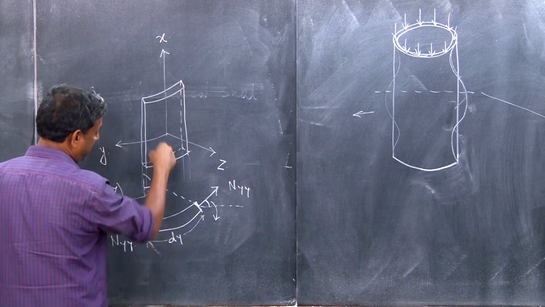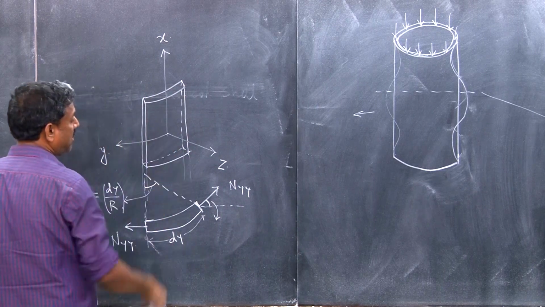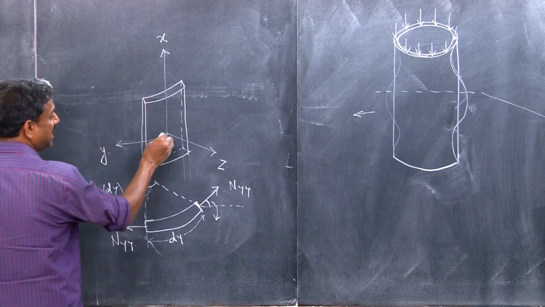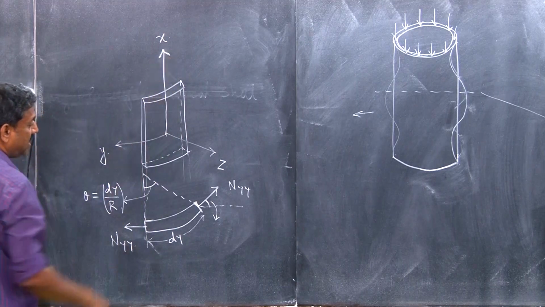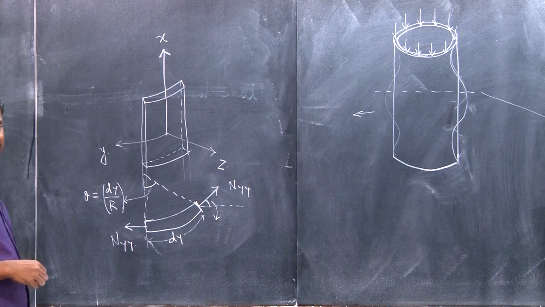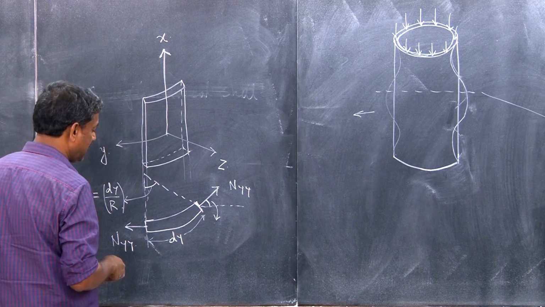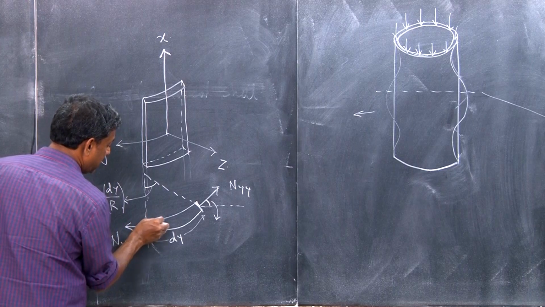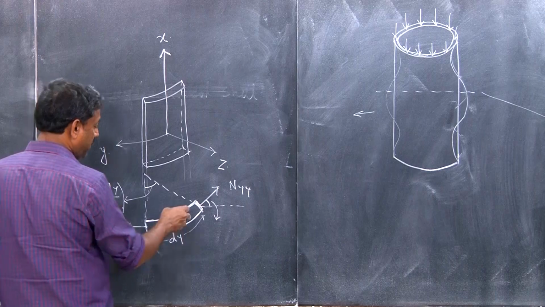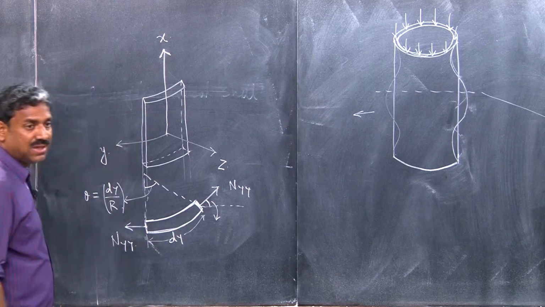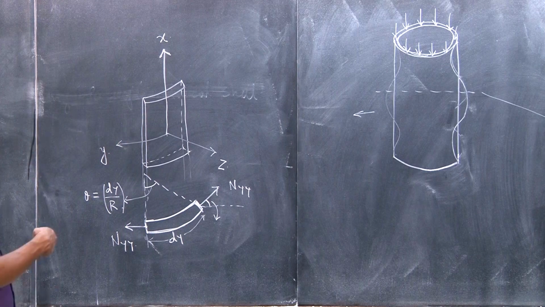So I am just taking a simple strip here. You see my choice of coordinate axes: a longitudinal axis, x, then circumferentially y, and z is the outward axis across the thickness. So you see there is a single curvature here. N_y is the in-plane force along the circumferential direction.